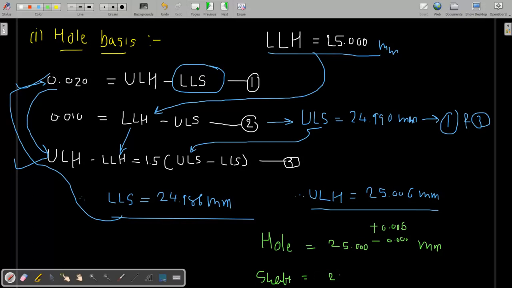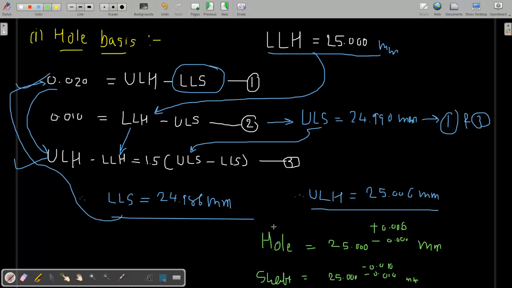For the shaft, the basic size 25 is always represented here, and minus 0.010 and minus 0.014 mm. So this is about the hole basis system.